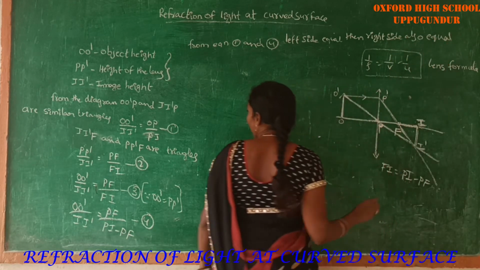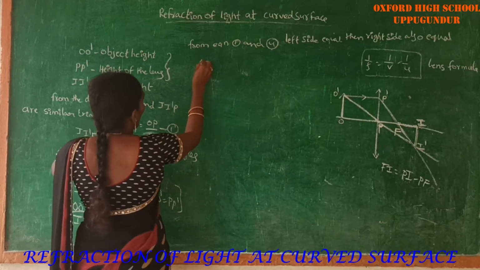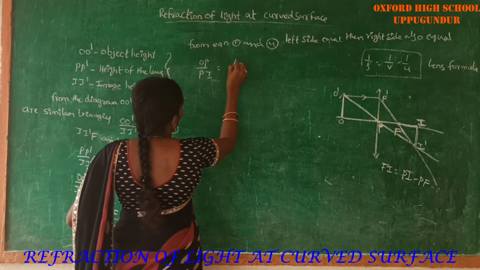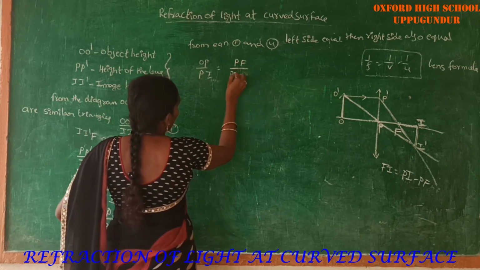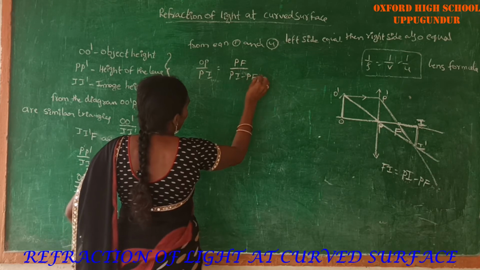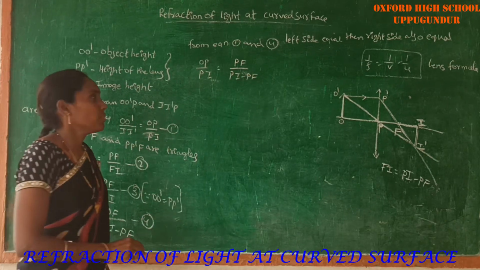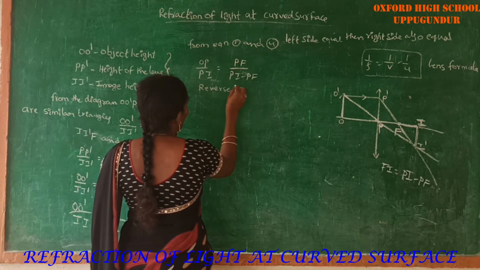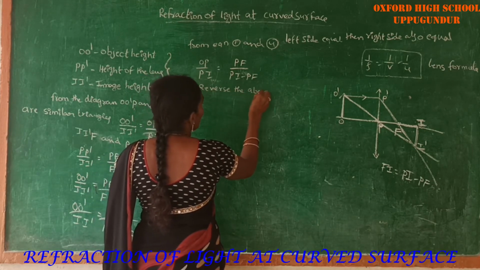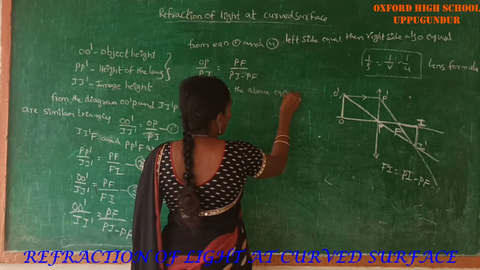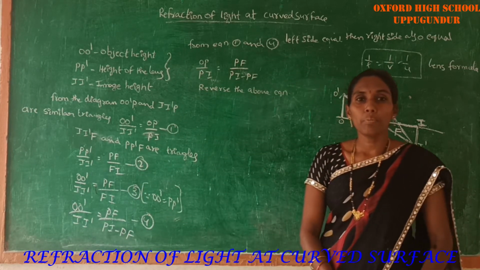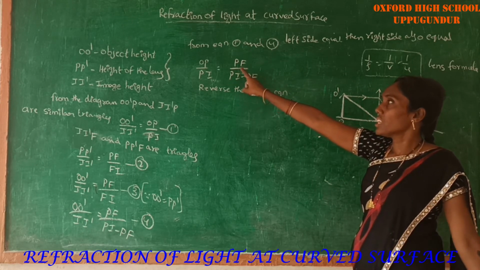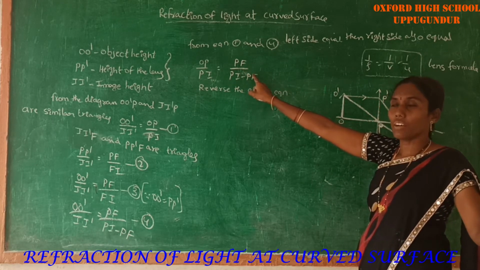Here this one should be written as OP by PI is equal to PF by PI minus PF.